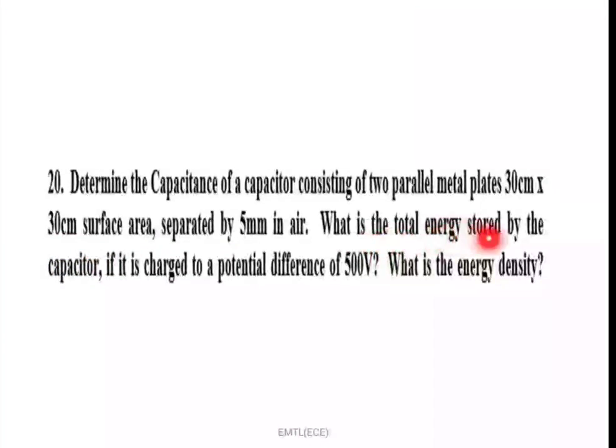What is the total energy stored by the capacitor if it is charged to a potential difference of 500 volt? What is the energy density? So we have to calculate the energy stored in the capacitor and also the energy density in this problem. The given values are the surface area, the distance between the parallel plates and the potential difference, that is 500 volts.